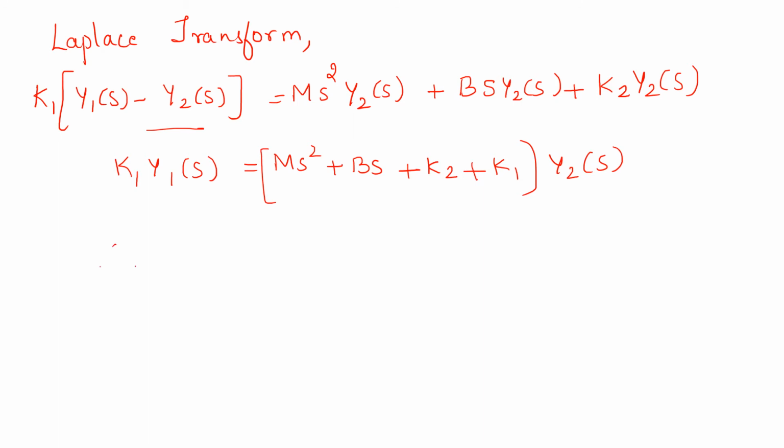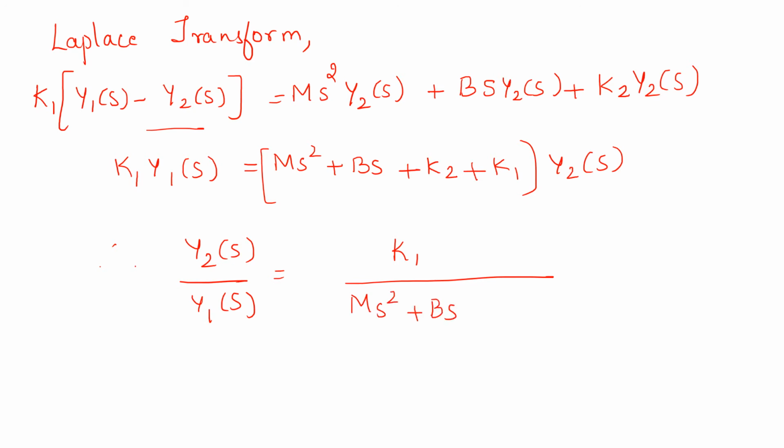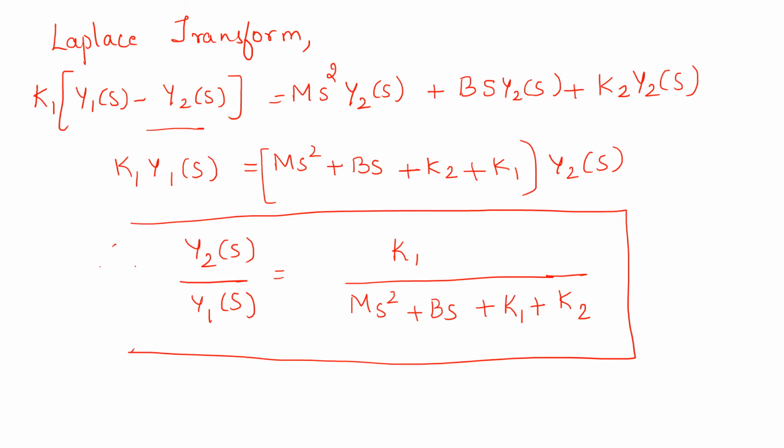So we can write the transfer function y2 of s by y1 of s as k1 by m s square plus bs plus k1 plus k2. So this is the transfer function obtained for the given mechanical translatory system.